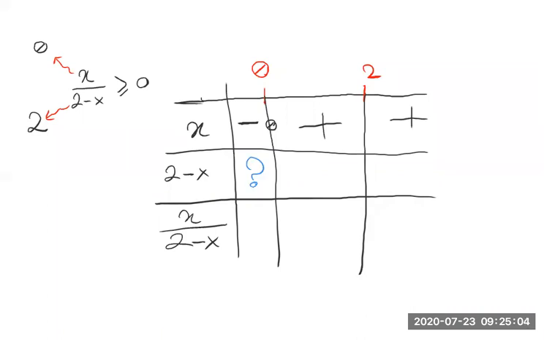Is 2 minus x positive there or negative when x is less than 0? Here, x is less than 0. What about 2 minus x? Yeah, it's positive. You can always try one number. For example, minus 1 is here. If x is minus 1, we would get 2 minus minus 1, which is 2 plus 1, which is positive. So here we have a positive number.